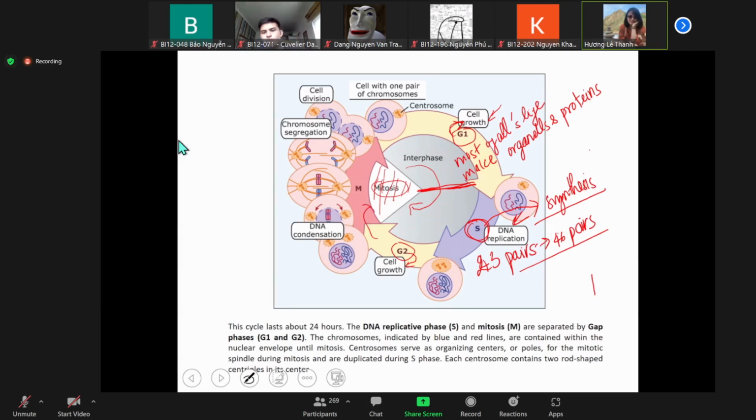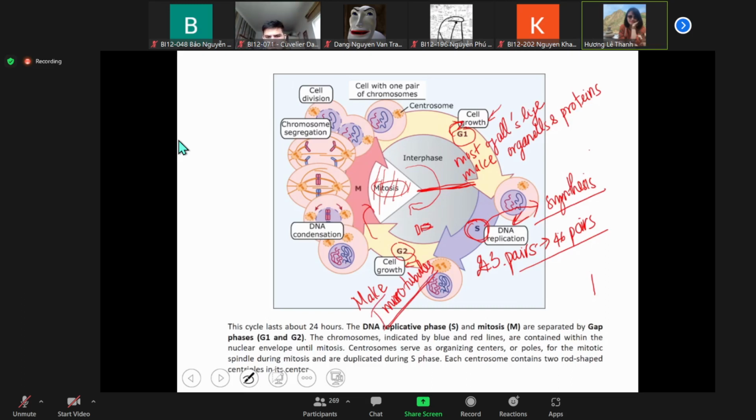What should they make? They need to make the microtubules. This means they make the centrosome. They make the centrioles. Remember centrioles? They make microtubules. They prepare for the mitosis.